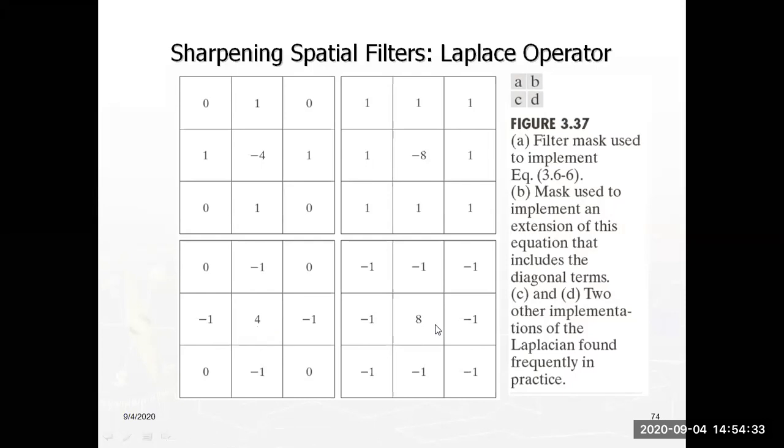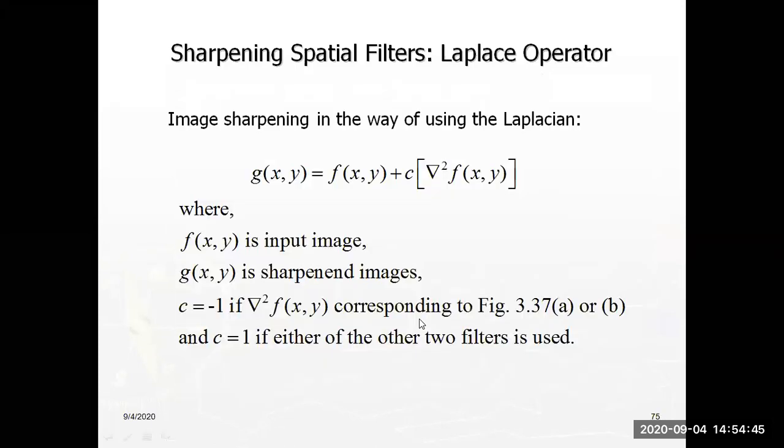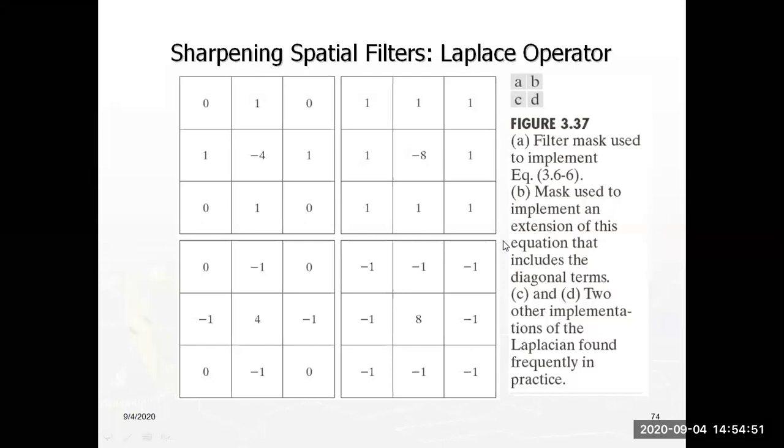So in the extension, 4 becomes 8, but the remaining are also -1. So these are other forms of your mask, depending upon your requirement. So we have 4 mask values, and using these we can operate the mask.